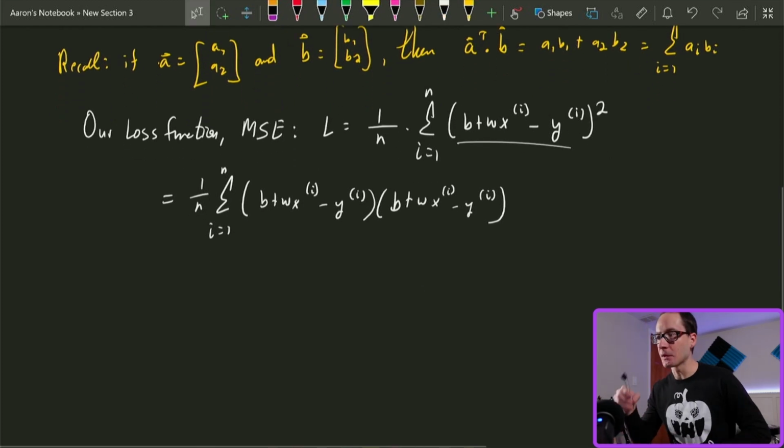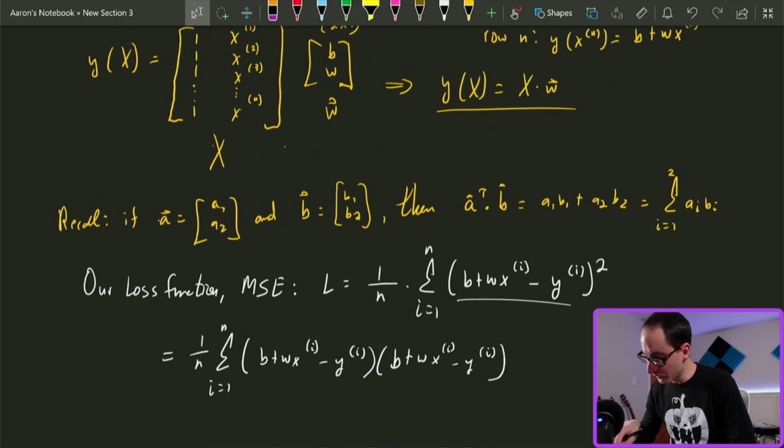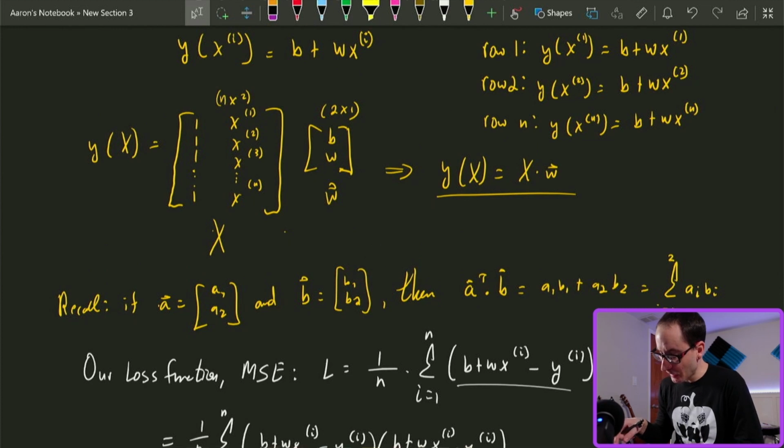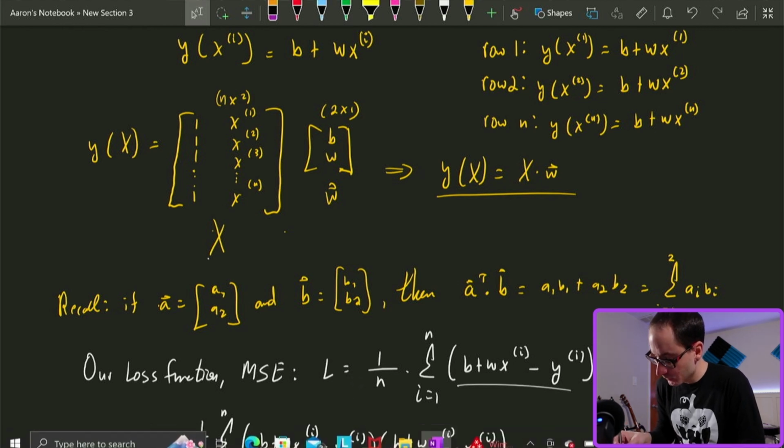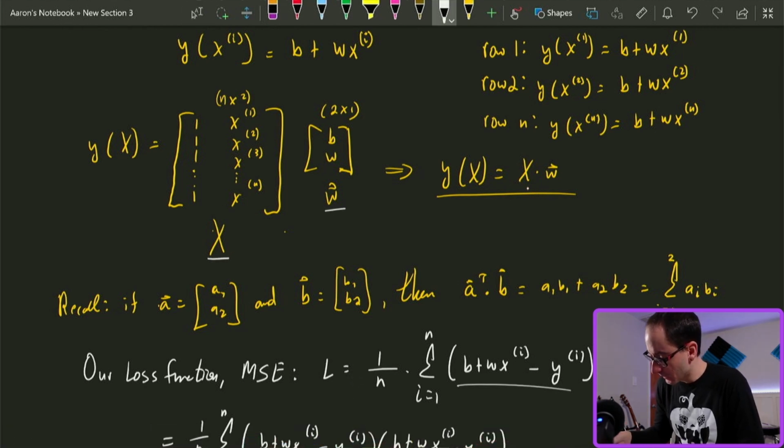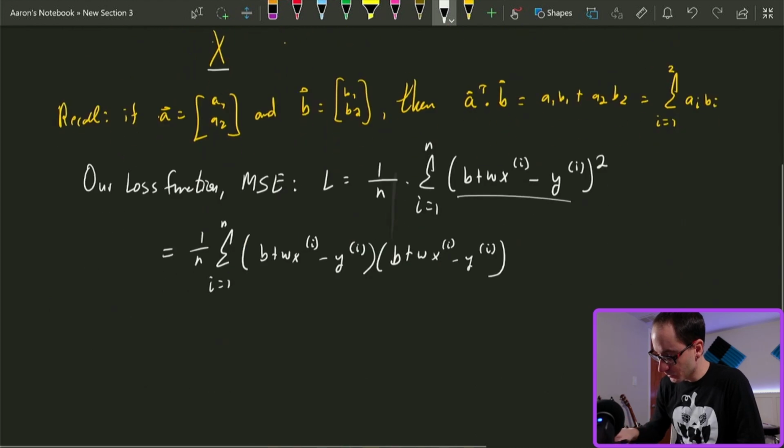Okay, looks good. And if we look at what these b plus w x_i's are, that's essentially just my x times w terms here and here. Taken holistically together, x dot w, right?